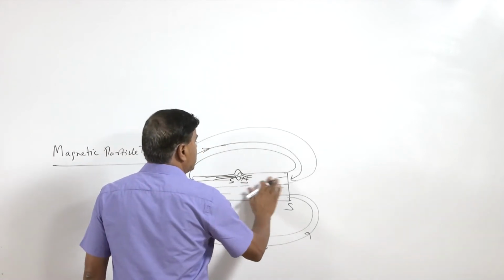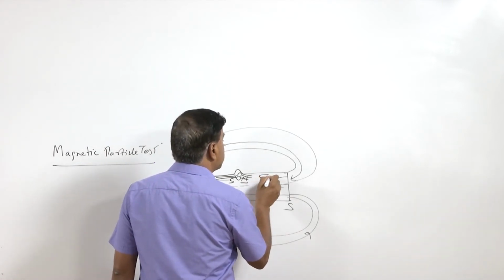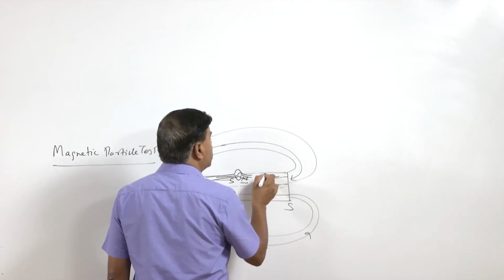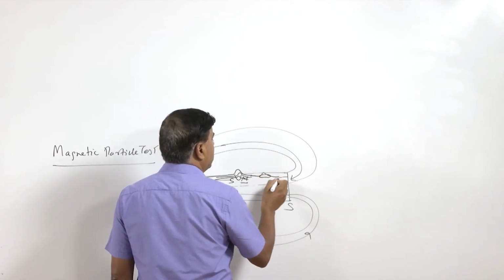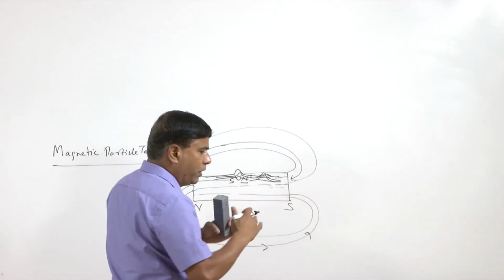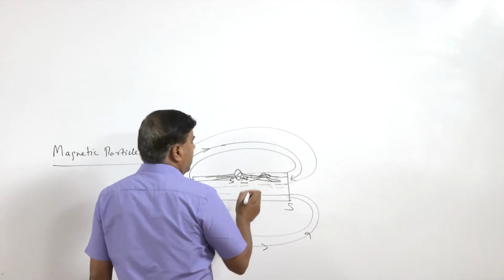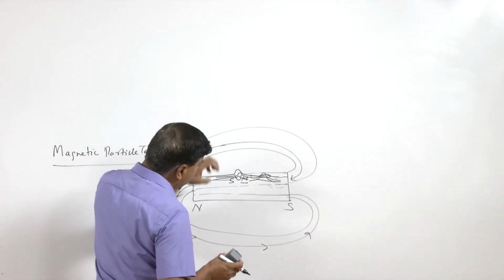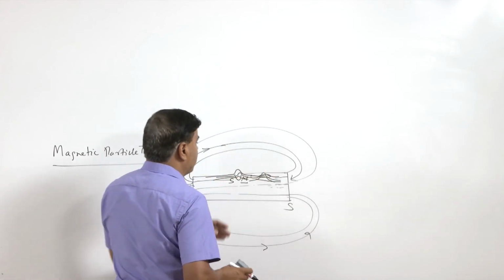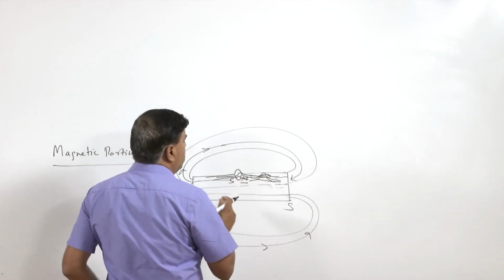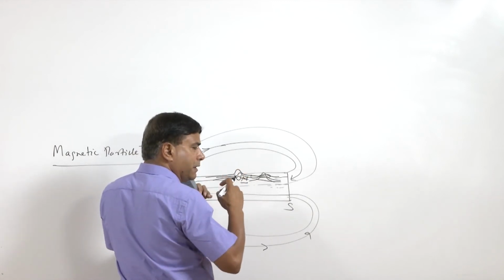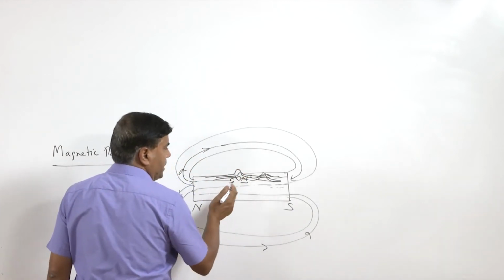So, if there is a discontinuity just in a subsurface region, then there will be very weak leakage of the magnetic flux, meaning very poor disturbance in the flow of the magnetic lines, and therefore, when the defect and the discontinuity is exposed to the surface, these N and S poles will clearly be identified, and a lot of leakage of the magnetic flux will be taking place.